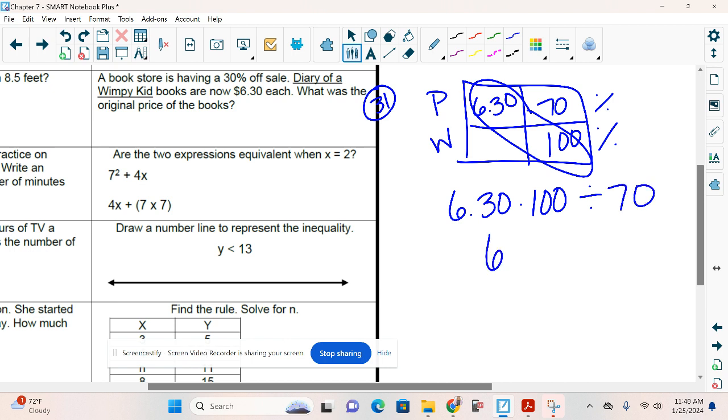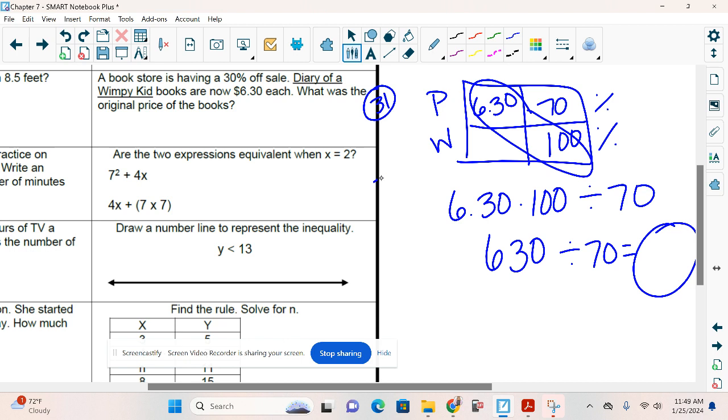So I end up with 630 divided by 70, and that'll give me my original answer.